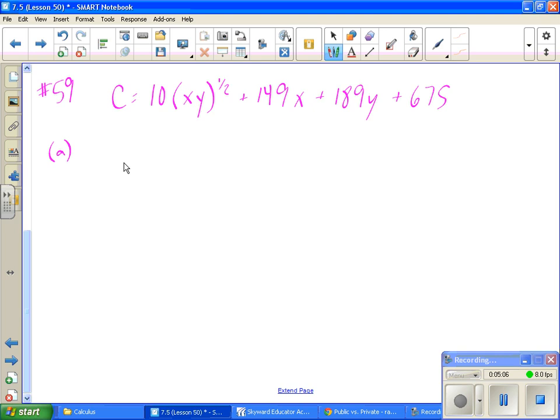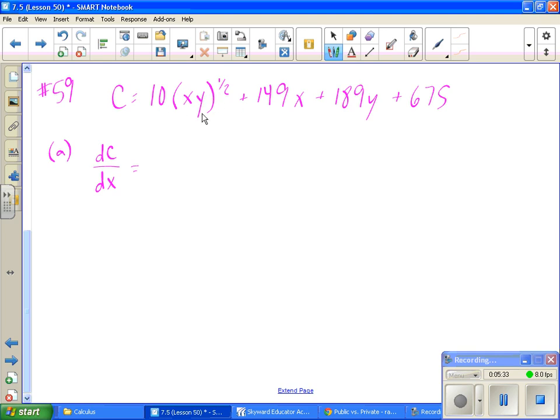So do I plug 120 and 160 in first or after? After. If I plug it in first, wouldn't I just have a number and I'd just end up with 0 if I took the derivative? You have to take the derivative first. So which part do I want to do? dc dx or dc dy? Okay. So I'll do it with respect to x here. All right, this 10 is just a constant, so it just stays out front.